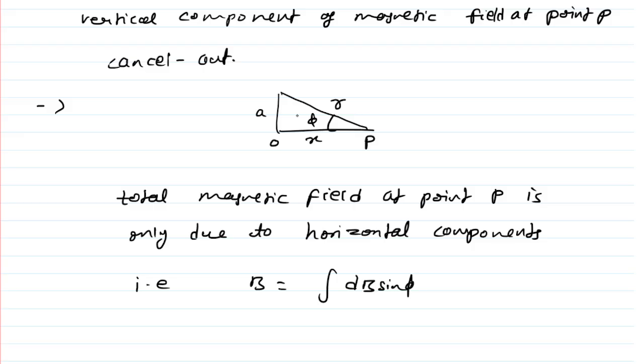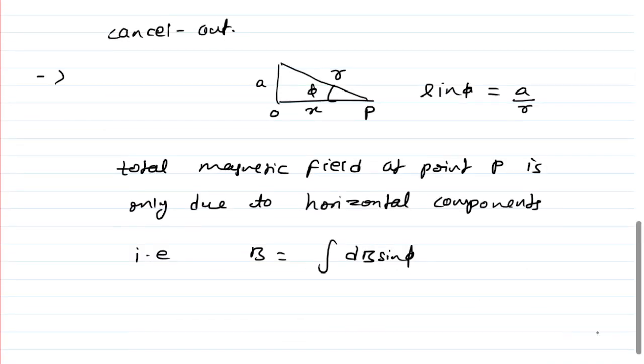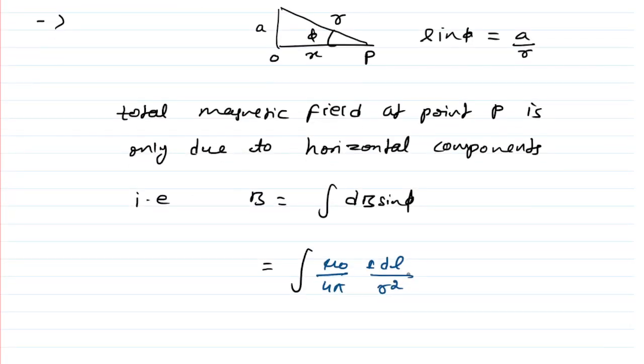In this triangle, sin phi is perpendicular upon hypotenuse, a by r, and the dB value we already know, so we can put it here. Finally, dB is mu naught by 4 pi I dl upon r square, and sin phi is a by r.